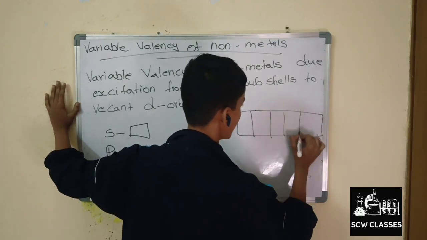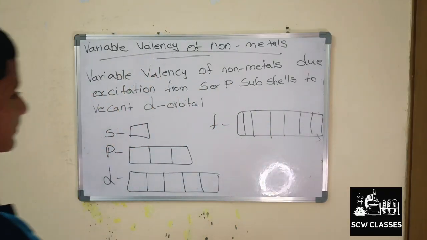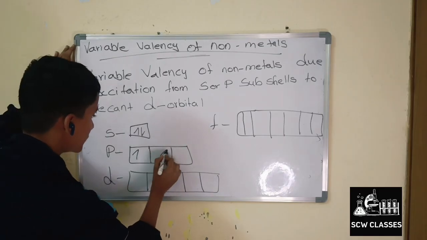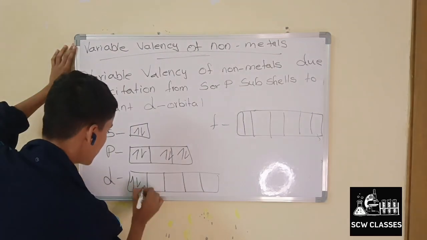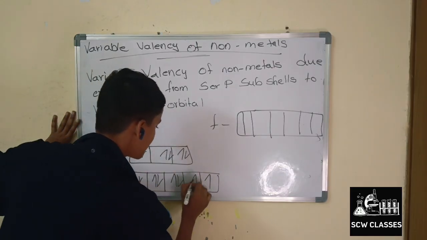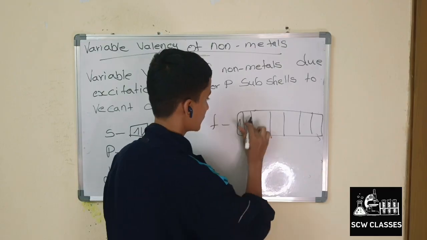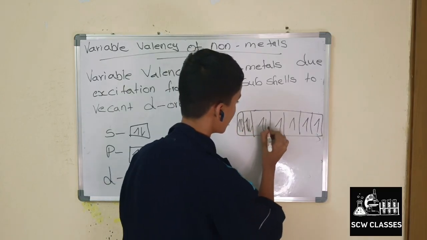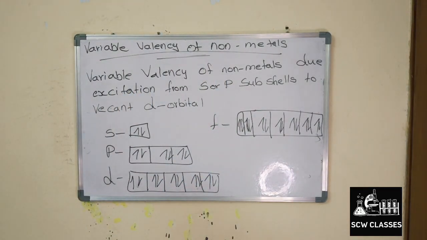S orbital holds 2 electrons, P holds 6, D orbital holds 10 electrons, and F orbital holds 14 electrons. Clear guys up to here?